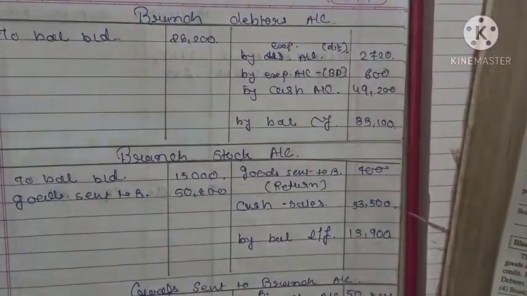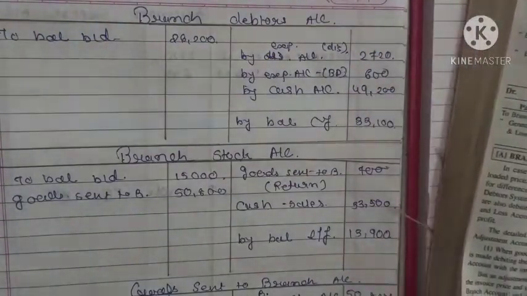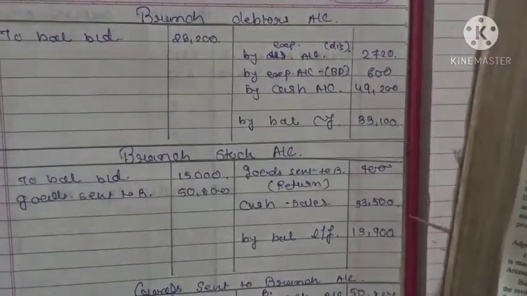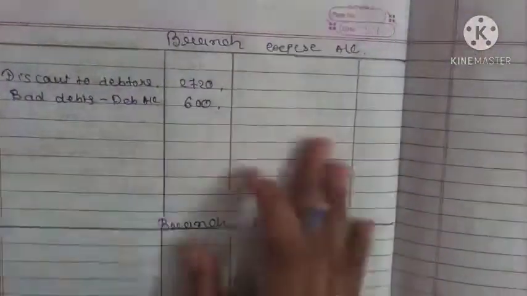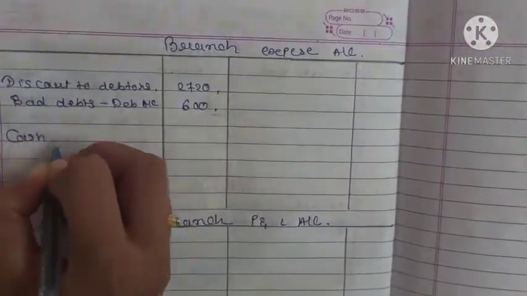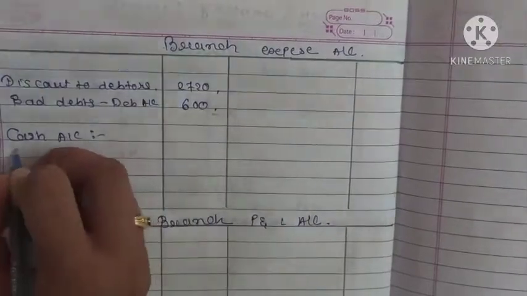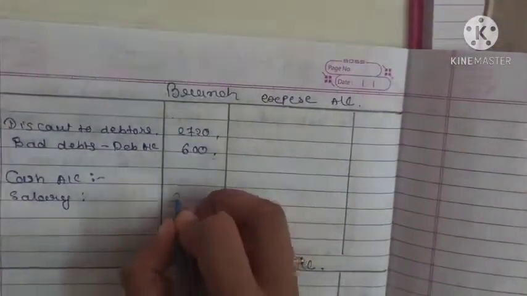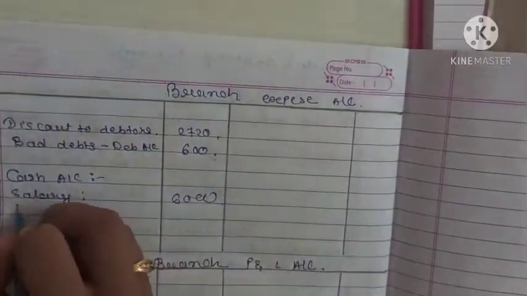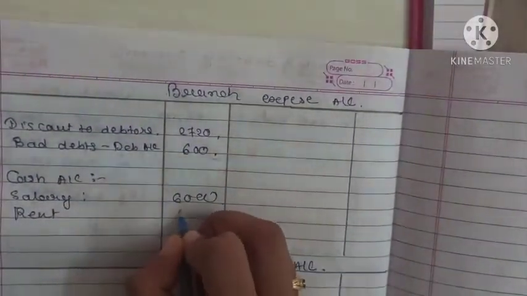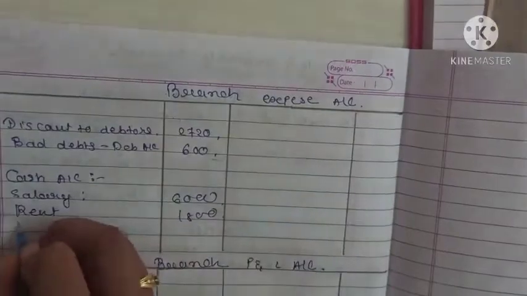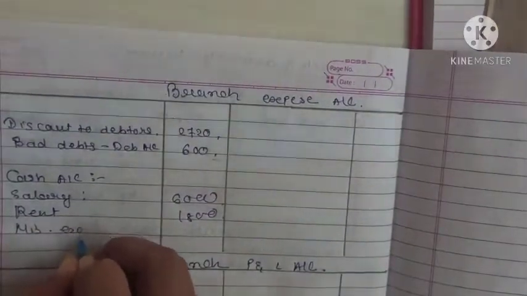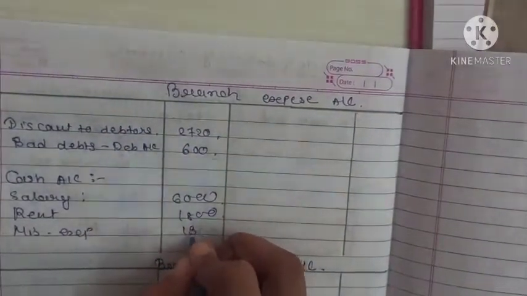It's clearly written that that is the expense. So we will debit the branch expense account, cash account, salary of rupees 6,000, rent 1,800, and miscellaneous expense is 1,300.